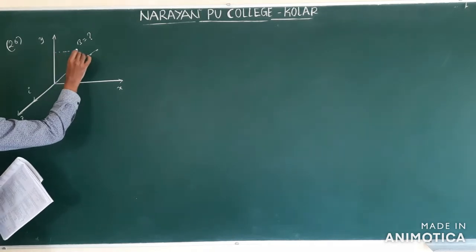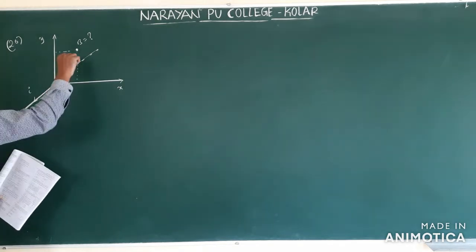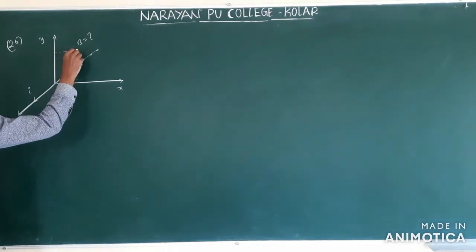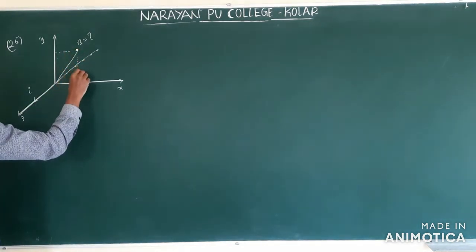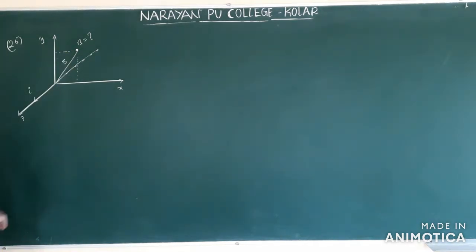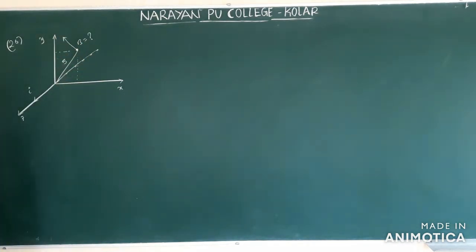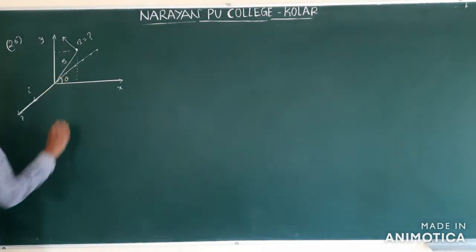This is the x-axis, y-axis, and we need to find d. Now this distance, with 3 and 4, will become 5. And find the direction, it will act in this direction. So this is making an angle theta here.